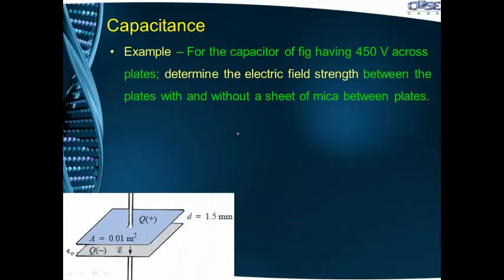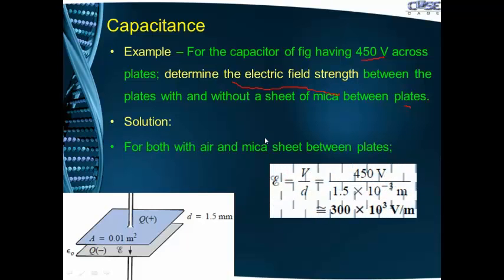And the next example is for the capacitor of the figure having 450 volts across the plates. Determine the electric field strength between the plates with and without a sheet of mica between plates. So in this example you are given the voltage across the capacitor, 450 volts, and you are asked to find the electric field strength, that is E. So E is given by V by d, and d is the separation, given as 1.5 millimeter.